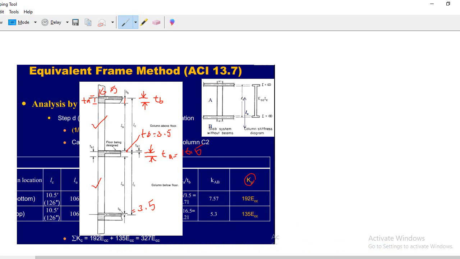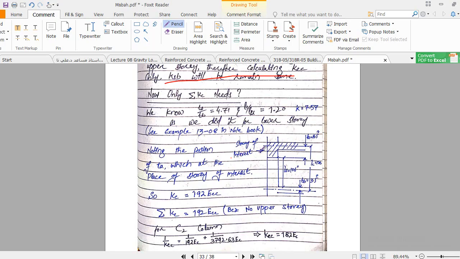Clear? So here you see what our Ta value and Tb value will be. LC and LU will remain the same, so go to the same table, Table S17, and find that value. If these LC and LU are the same as your bottom column, you don't need to go for the calculation.